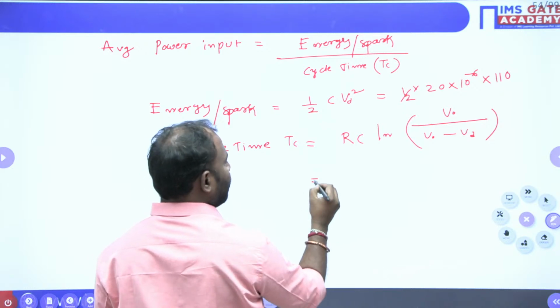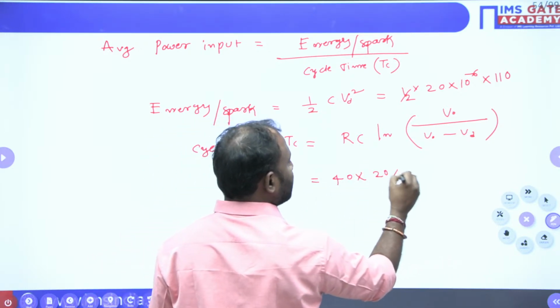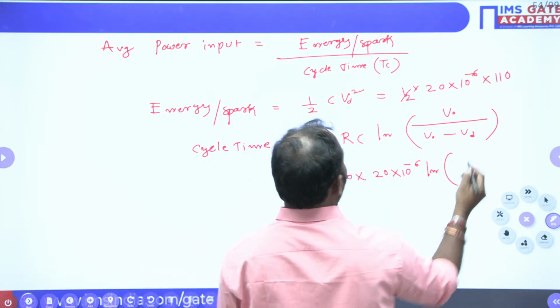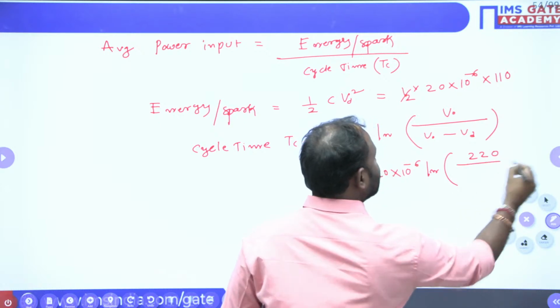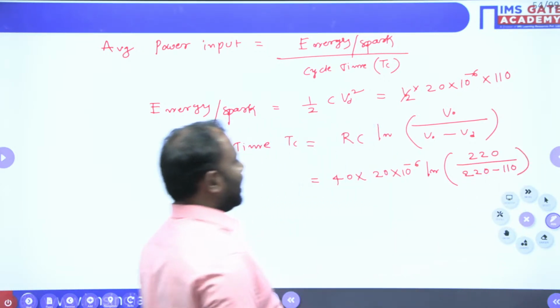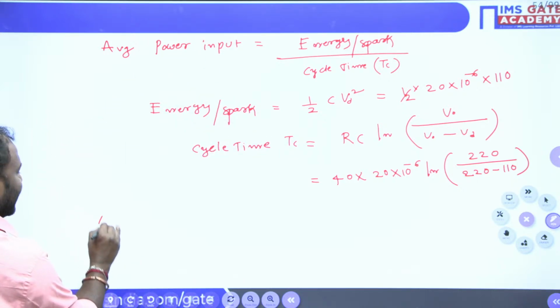Now R is equal to 40 and C is 20 into 10 to the power of minus 6, into ln of V0, which is 220, divided by 220 minus 110. So if you substitute these values over there, you are going to get the average input.